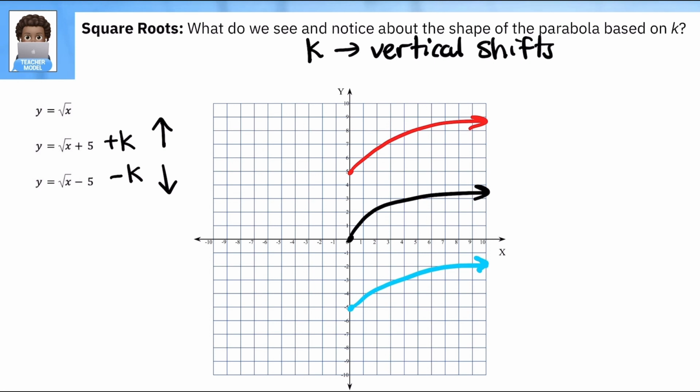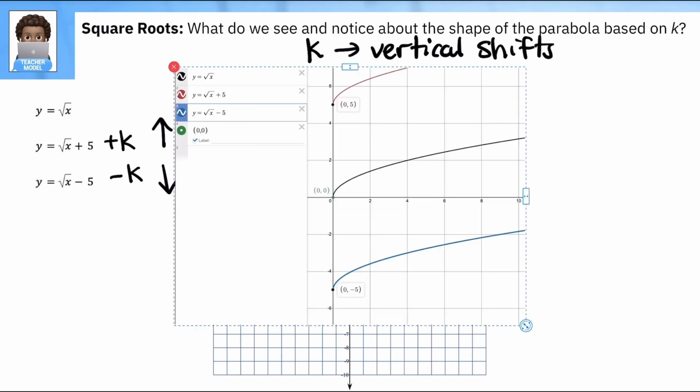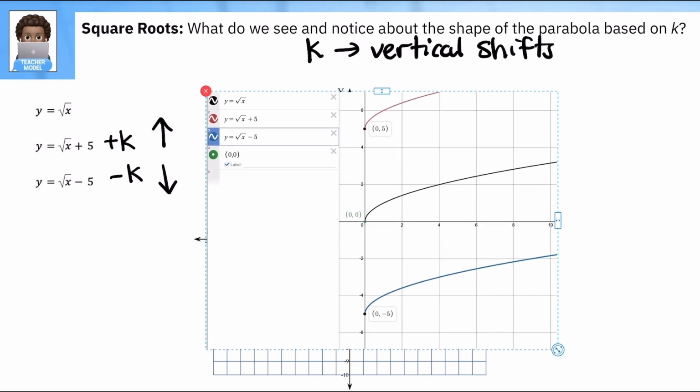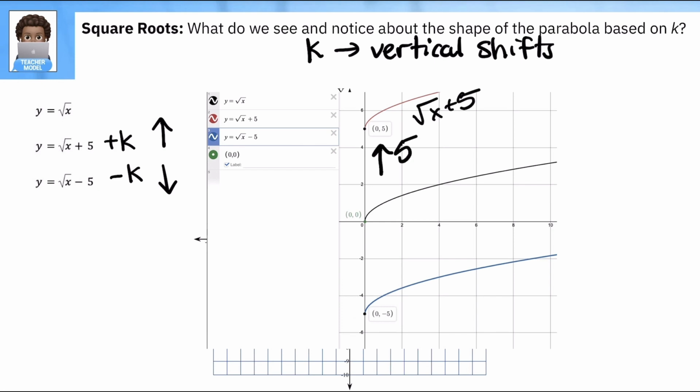So let's see. Yeah, that's what happened. Here we have square root x plus 5 in red, and it did go up 5. And here we went down 5 when we had square root x minus 5. Again, this is outside of the square root symbol, so the k is on the outside versus our base. All right, so this part is also confirmed.